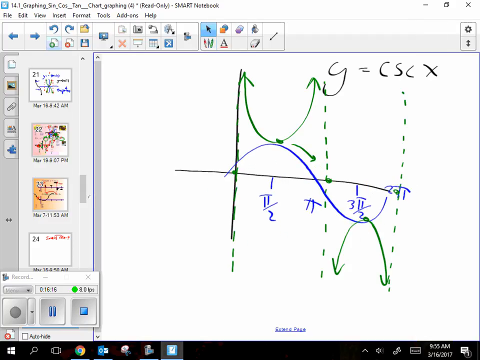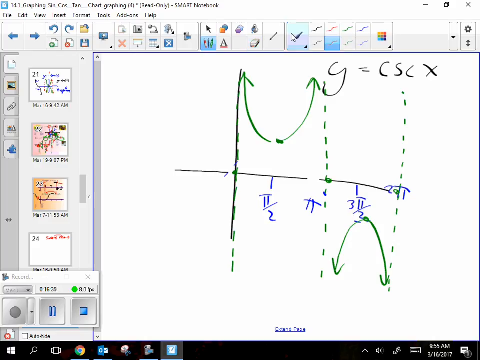Oh, all my other stuff stuck to it. I'll use my surgical eraser, a little tiny one here, and see if I can erase this out. Okay, so this green stuff that's left here, that is your graph of cosecant. And it was riding on the back of its sister function, which was sine.